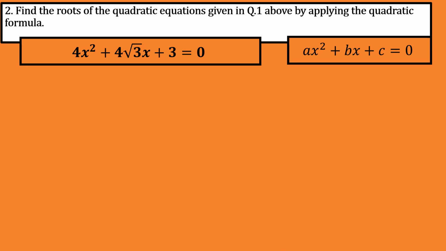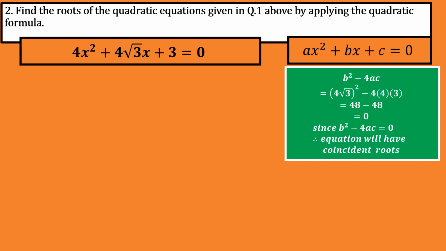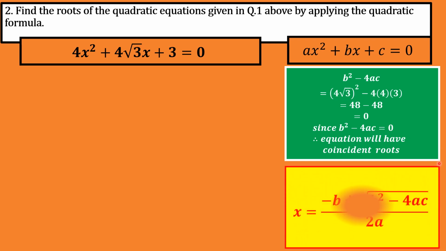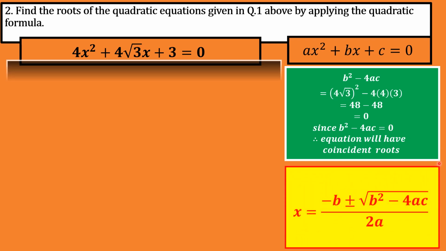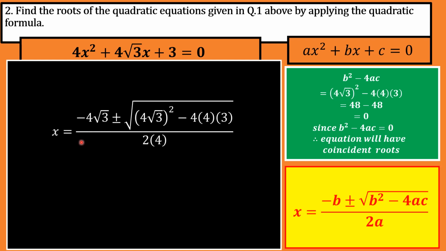Next, 4x squared plus 4 under root 3x plus 3. Again, the discriminant for the equation is 0, which means it will have two coincident roots. Apply the formula. Let's see what we get.